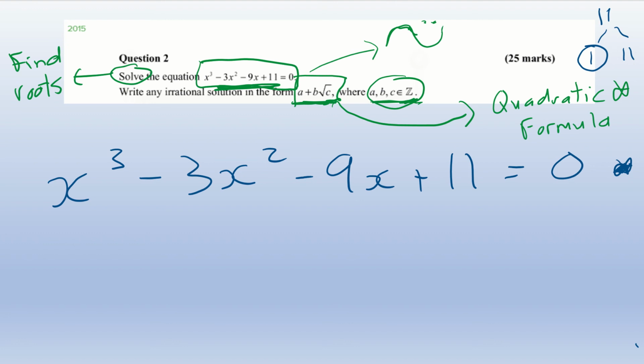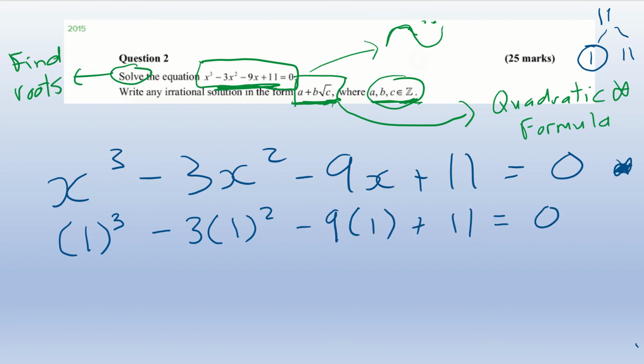So, back to what I was going to do, I was going to substitute in 1 and see if my answer made sense. So I have 1 cubed minus 3 times 1 squared minus 9 times 1 plus 11 is equal to 0. When I do that out, 1 cubed is 1, minus 3 times 1 is minus 3, minus 9 times 1 is minus 9, plus 11 is equal to 0.